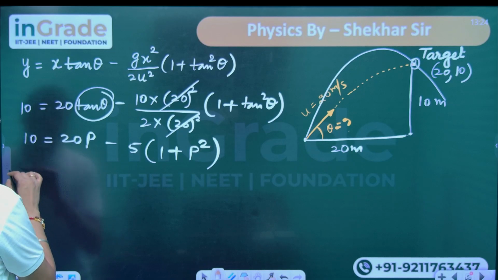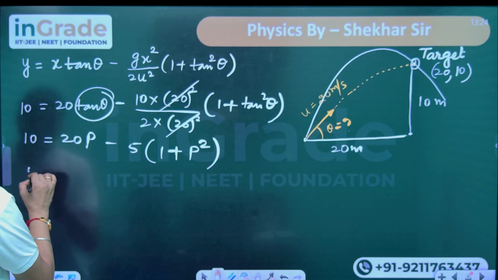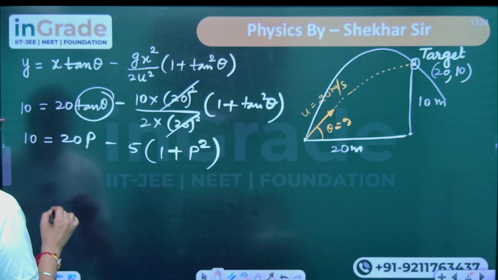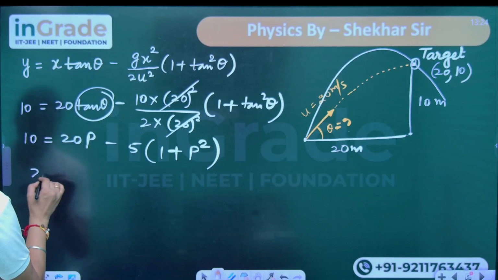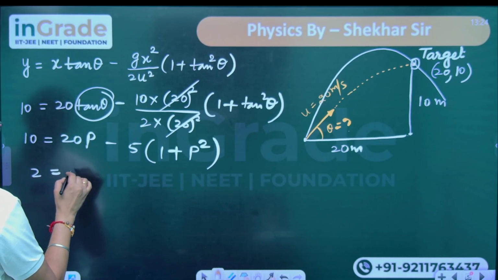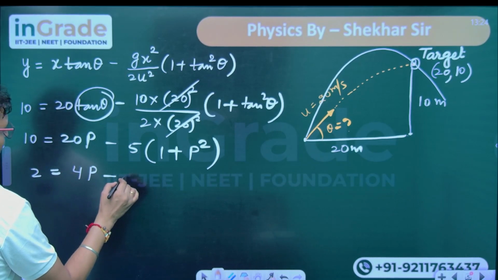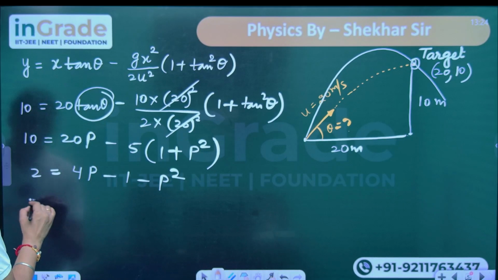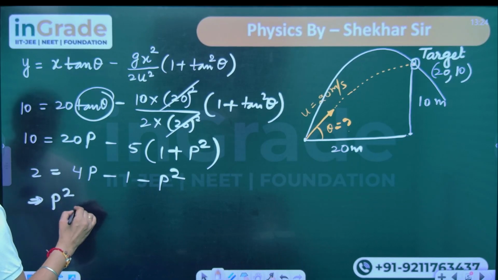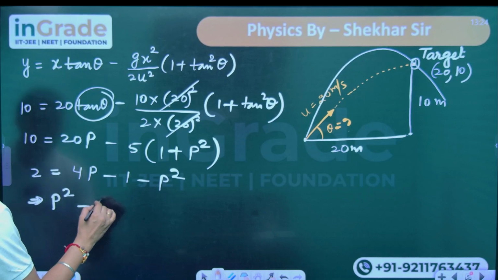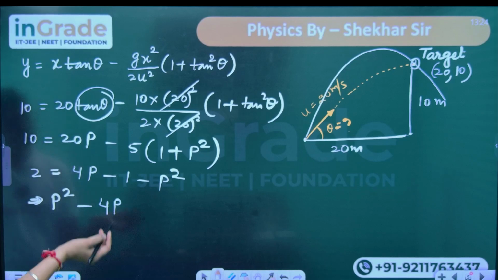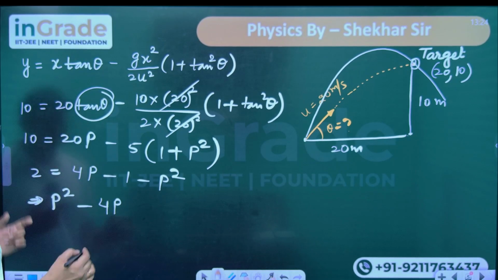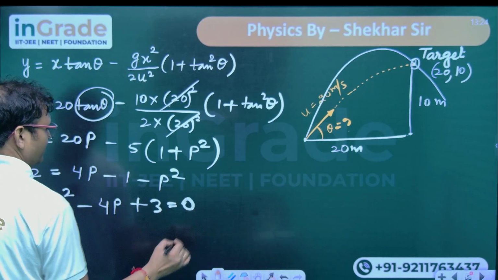If we divide by 5, then it will be 2 is equal to 4p minus 1 minus p square, isn't it? Or we can write it as p square minus 4p, if we send all the terms on one side, plus 3 must be equal to 0.